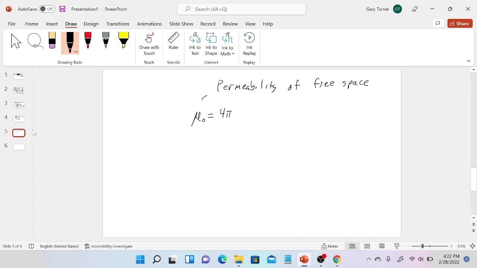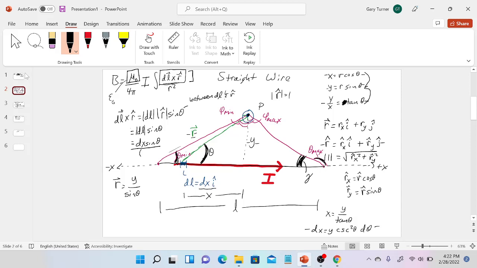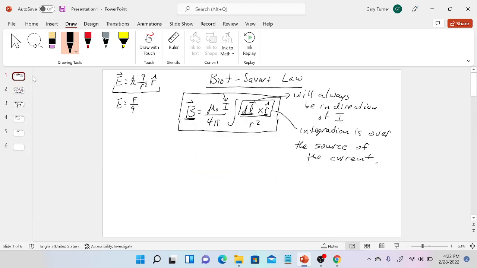It has the value defined to be 4 pi times 10 to the negative 7. And this is where the 4 pi comes in, in the Biot-Savart Law, to make that coefficient effectively 1 times 10 to the negative 7. The units aren't necessarily intuitive to see, but if we look at this, we know that the field is in Teslas.